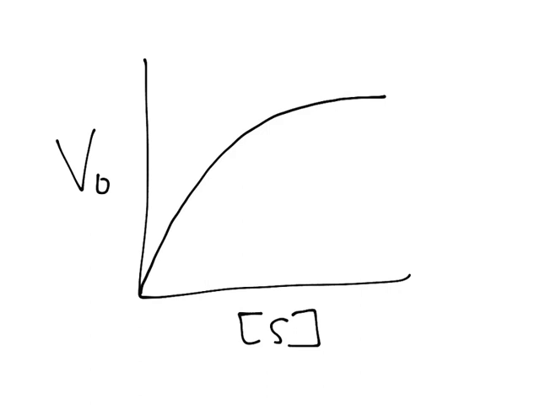So the more substrate you have, the faster that enzyme is going to be able to do chemistry. It's not going to have to wait to find a substrate molecule to catalyze. The maximum velocity that it can go, where this is going to asymptote out, is then called Vmax. That's the maximum velocity that your enzyme can go. And that happens at the point where the enzyme is completely saturated by substrate.